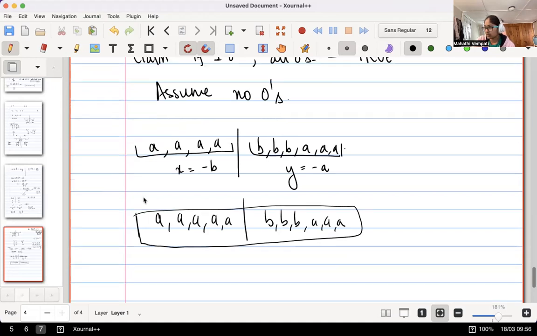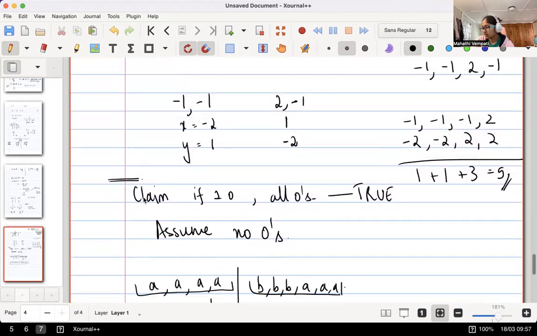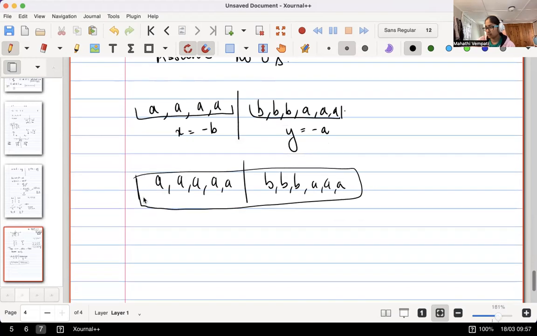So for the second case, where this sum equals minus B and this product equals minus A, this sum equals minus A and the product. And so for this, it was minus 1, 2, comma, minus 1.